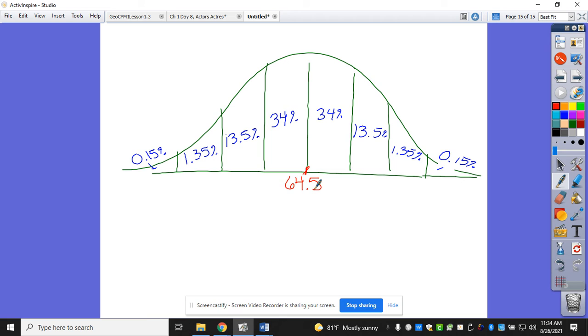In order to find what number goes here, I'm doing what? Adding 1 standard deviation, which is 2.5, so it gives me 67. My next one is, and the last one, how do you find that? All I'm doing is plus 2.5 each time.